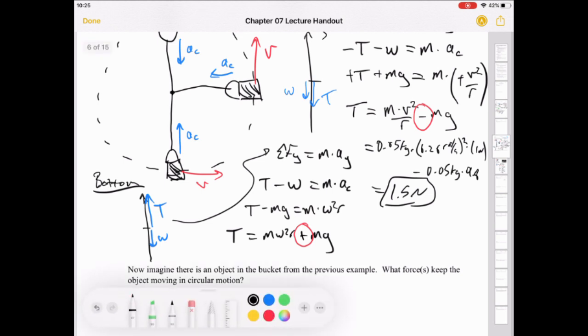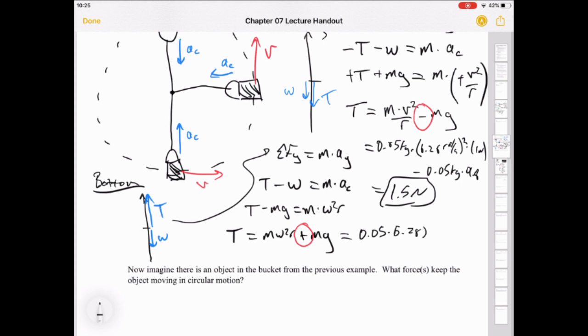All right? Okay, so if you plug into that, 0.05 times 6.28 squared times 1 plus 0.05 times about 10. What I get for this is about 2.5 newtons. Okay, so why is the tension higher at the bottom than the top?